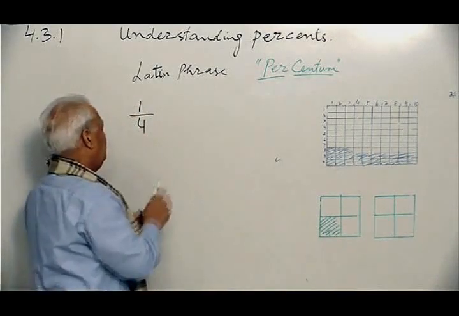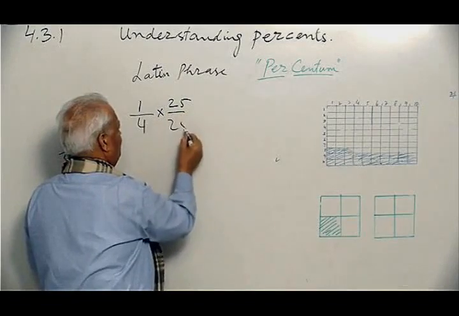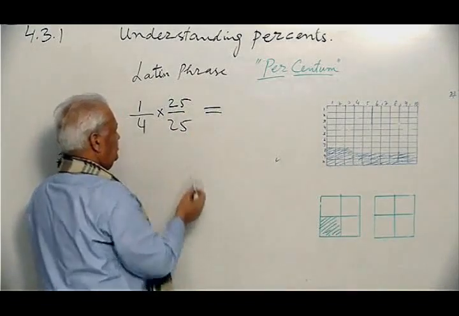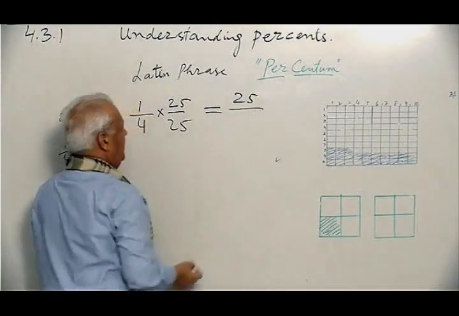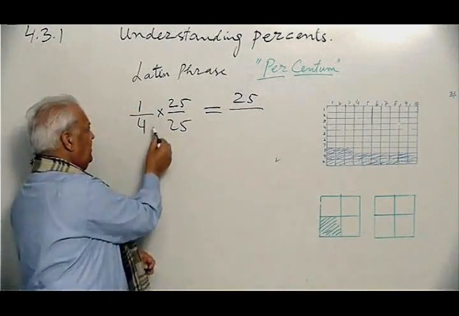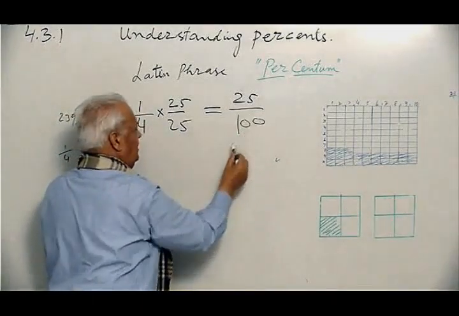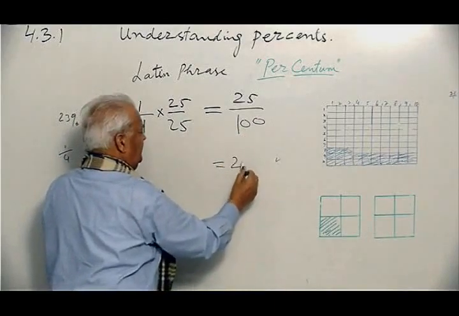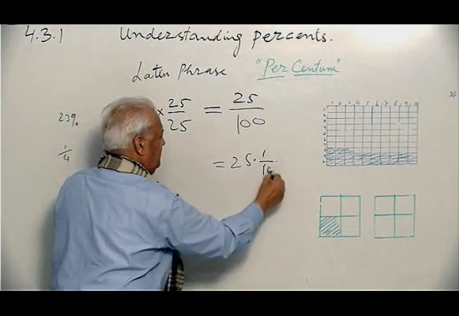Suppose I multiply this by 25 over 25. So this will be 1 times 25 divided by 4 times 25. And when I multiply 4 by 25, I get 100. So I can write this as 25 times 1 over 100.